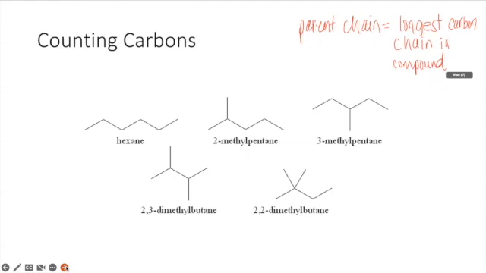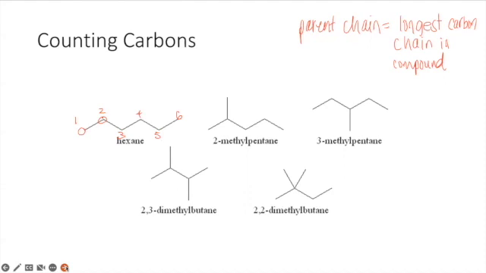So hexane here, if every point is a carbon, so 1, 2, 3, 4, 5, 6. There are no branching chains here, so it doesn't get complicated.